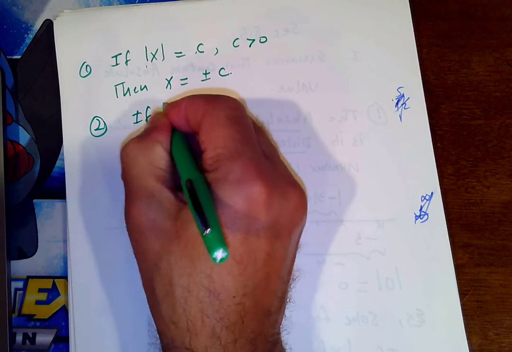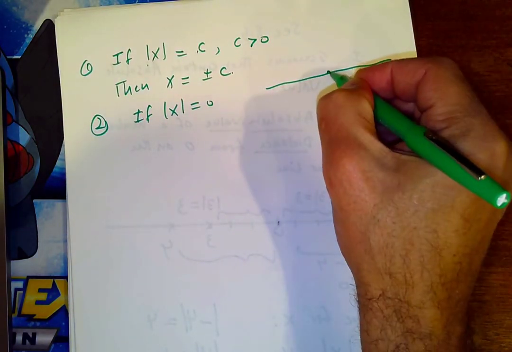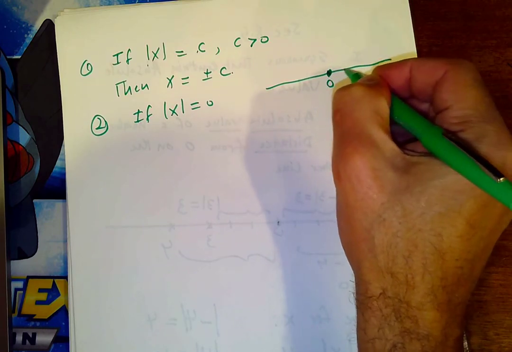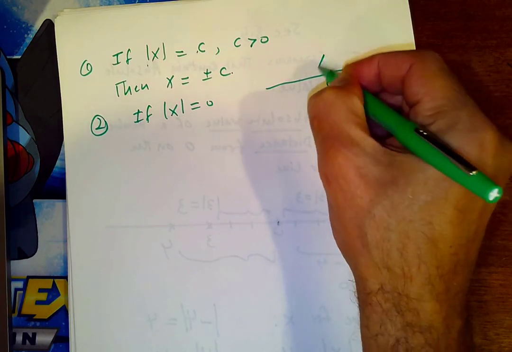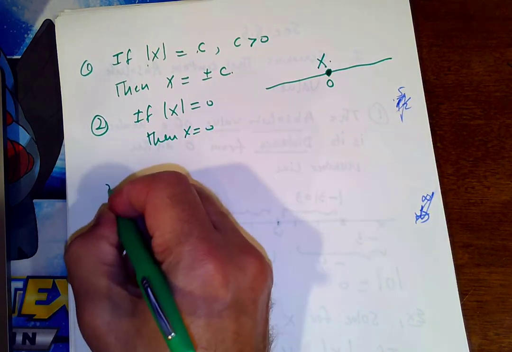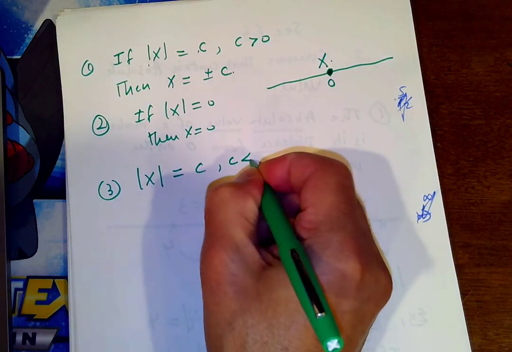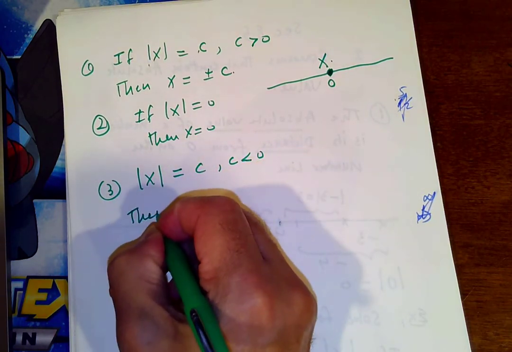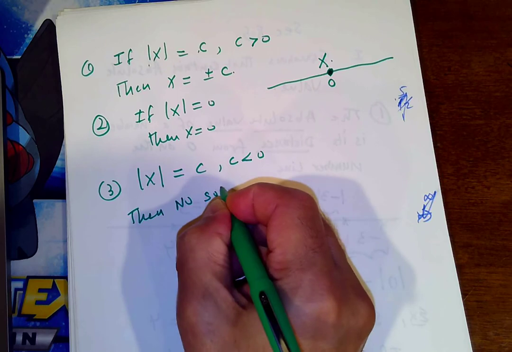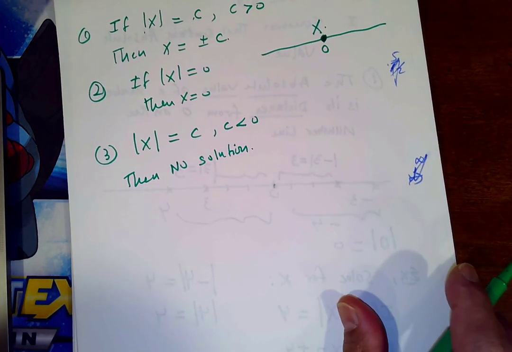Now, if absolute value of x equals 0, if the distance from x to 0 is 0, then x itself must be 0. And if c is negative, then there's no solution. It doesn't make sense for the distance to be negative.